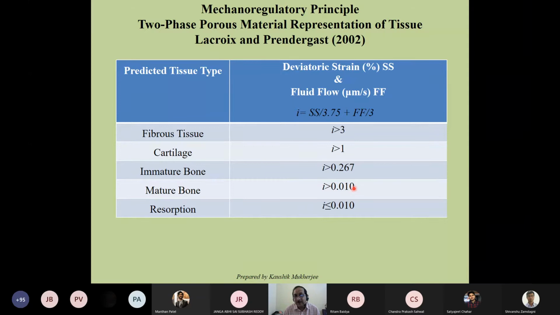As the tissue gets softer, from immature bone to cartilage, which is something in between soft and hard tissue, that is greater than 1. But anything greater than 3, softer than cartilage, is fibrous tissue. So you can already conclude some physical properties from here.